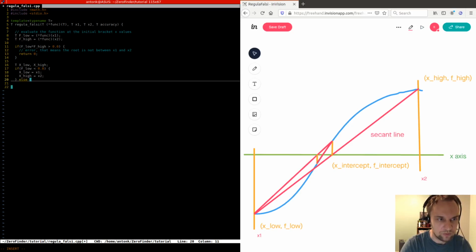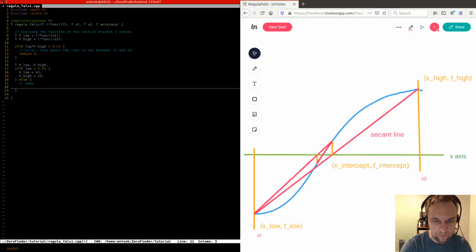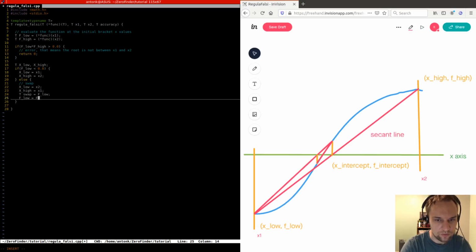Otherwise, we have to swap. So we set x low to x2, x high to x1, and we have to swap f low and f high. So the swap is going to be: swap equals f low, f low is going to be f high, f high is going to be swap.